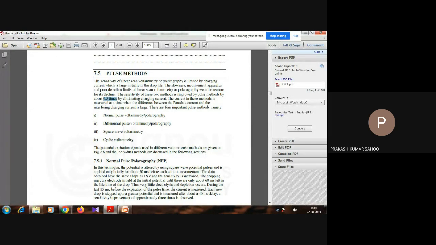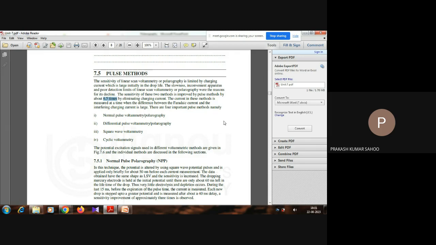Because the linear sweep voltammetry or polarography methods are less sensitive and have inconvenient apparatus. So due to less sensitivity, we may use another advanced technique, that is the pulse method, which is about 6.5 times more sensitive than these two.